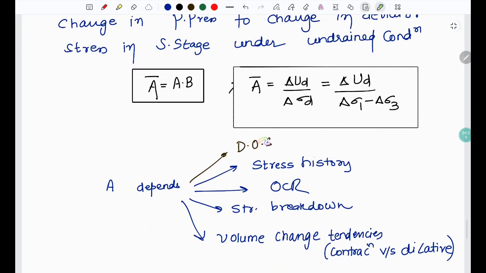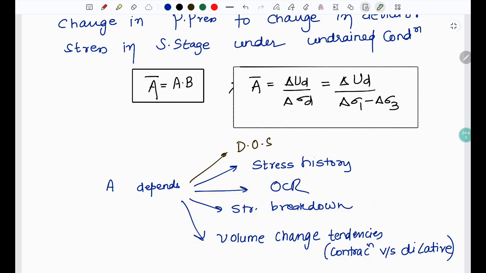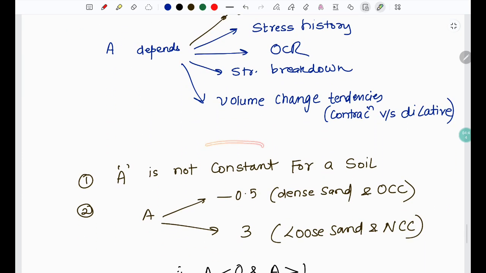Now A depends on the degree of saturation, the stress history of the soil, the over consolidation ratio of the soil, the structural breakdown, or the volume change tendency of the soil, whether it is contractive or dilative. So A is not constant for all soils, and it can vary from negative values to positive values. It is minus 0.5 for dense sand or OC clay, and it is positive 3 for loose sand or NC clay.